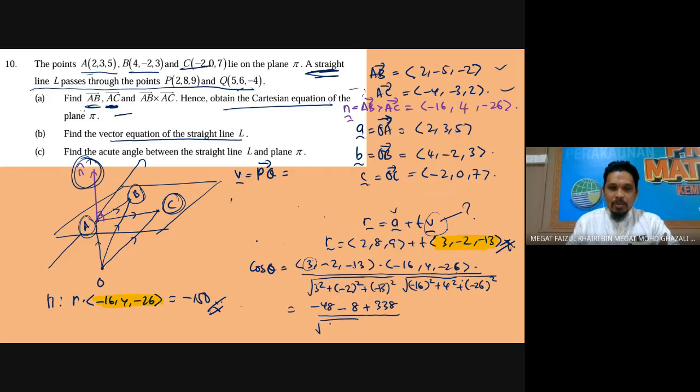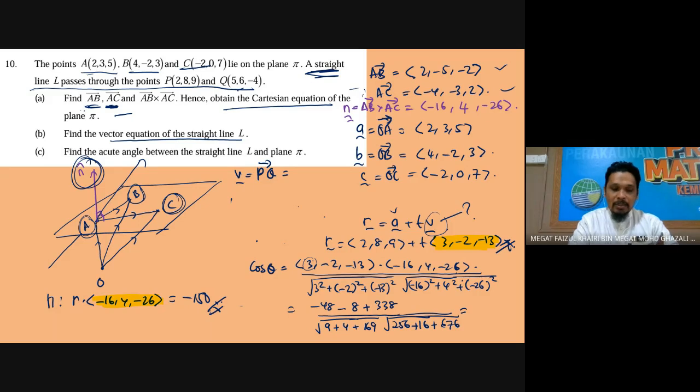Okay, and then square root of 3 square equal to 9 plus 2 square equal to 4 and 13 square, 13 times 13, 169. And then square root of 16 square, 256, plus 16 plus 26 square, 676.